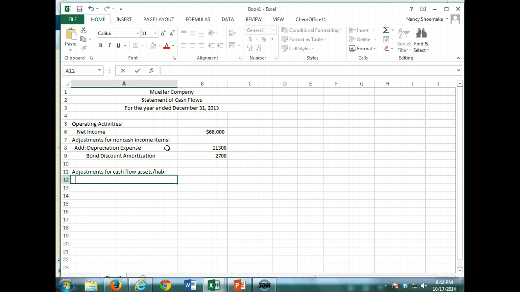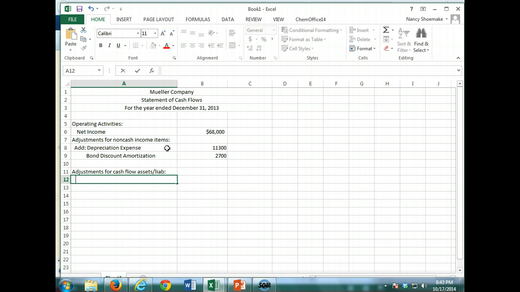Okay, so what do we want to do here? We want to increase in income taxes payable. Think of this. Our income taxes payable in 1 year was $3,000, the beginning of the year. The end of the year, it's $6,500. That payable represents an expense, doesn't it? So in our net income figure, that $6,500's in there, but we didn't pay it yet.